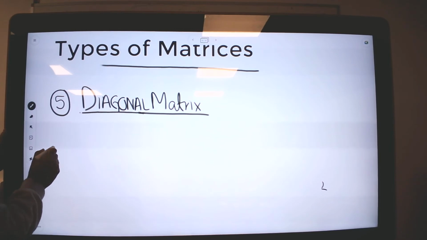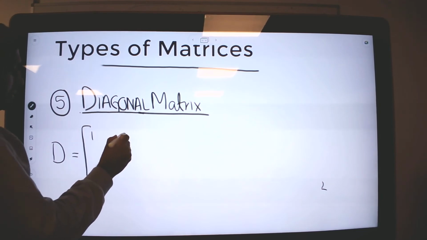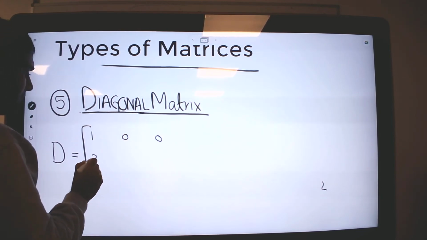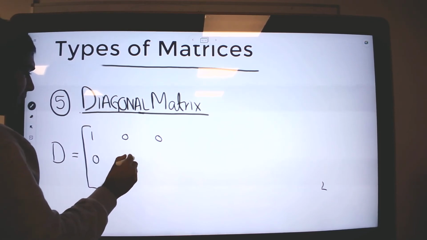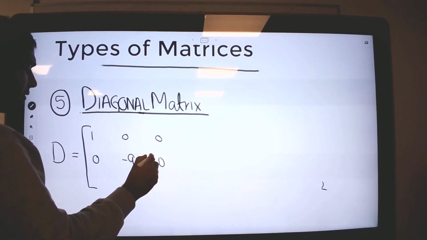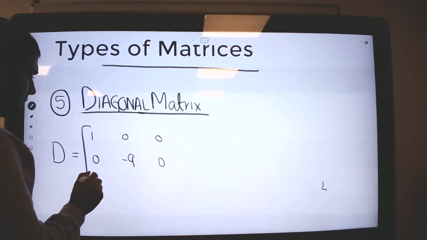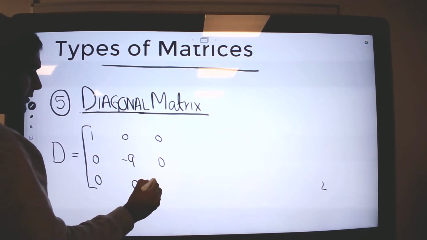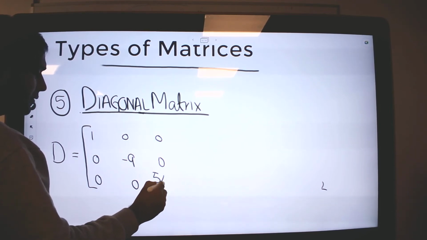For example, I'm going to call that matrix D. You can call it whatever you like. 1, 0, 0, 0, minus 9, 0, 0, 0, 5 over 7. Yeah?